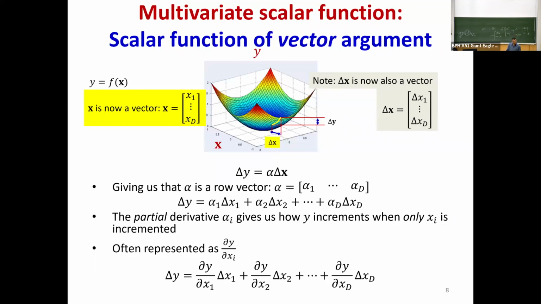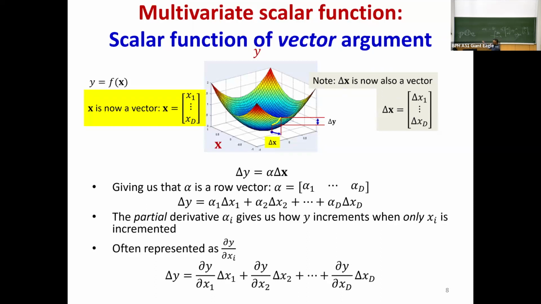So this term that you get over here tells you the sensitivity of the function to a perturbation along x1. That's called the partial derivative of y with respect to x1. How does the function change when I keep everything else fixed and I only change x1?